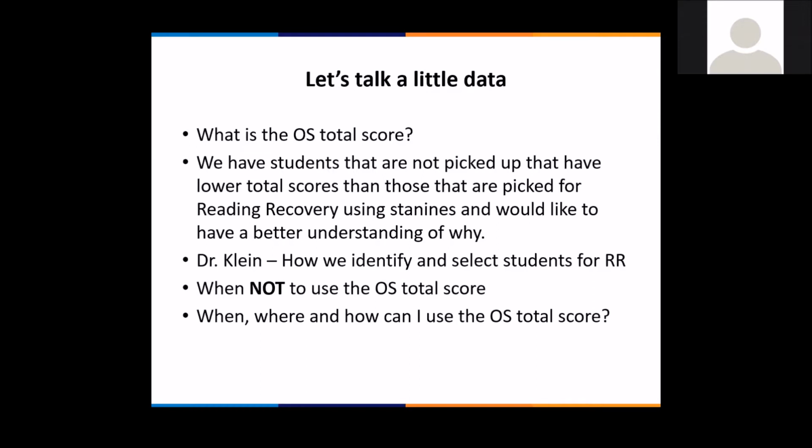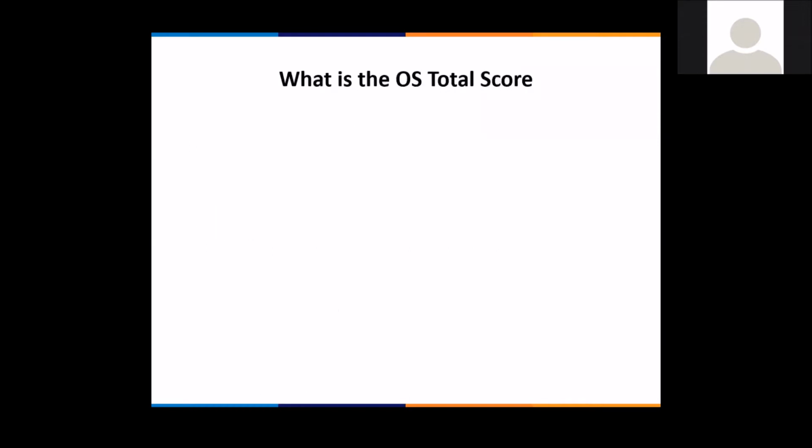Then we'll have a little section on when not to use the OS total scores, and we'll finish it off with when, where, and how can I use the OS total score.